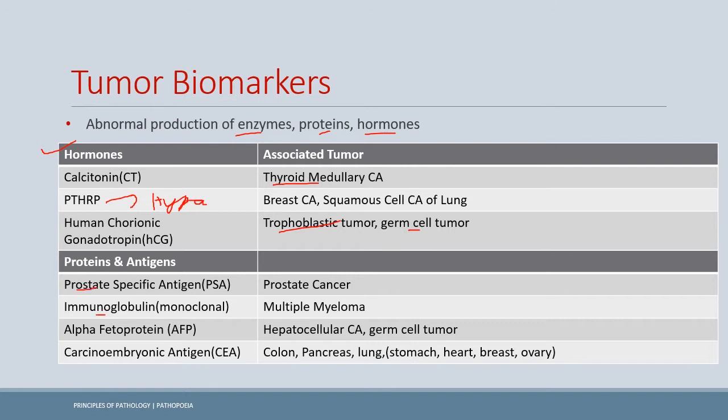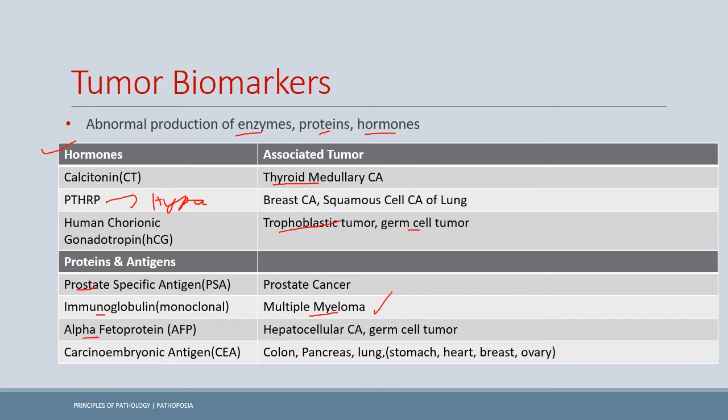Immunoglobulin, again, it's easy to imagine because in multiple myeloma we have the immunoglobulin light chains that are increasing in numbers. Okay, and remember from our first lecture that in the multiple myeloma we have the monoclonal proteins like the Bence-Jones proteins detected in the urine sample too.